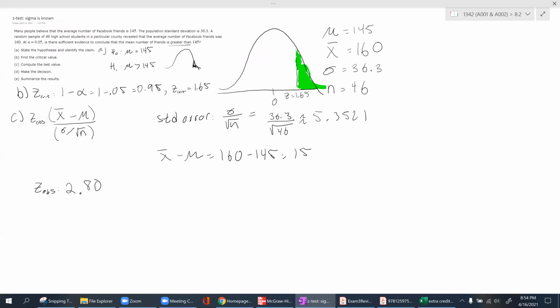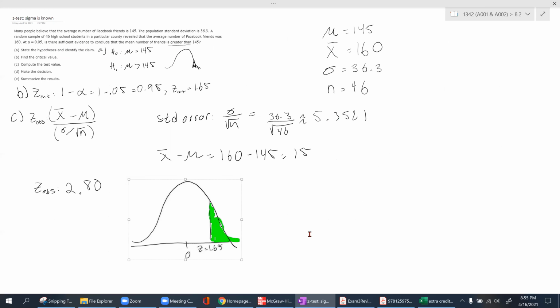So you, the mathematician, are going to make an observation. Let's bring the table that you drew here with z crit. Is your observed value to the left or to the right?